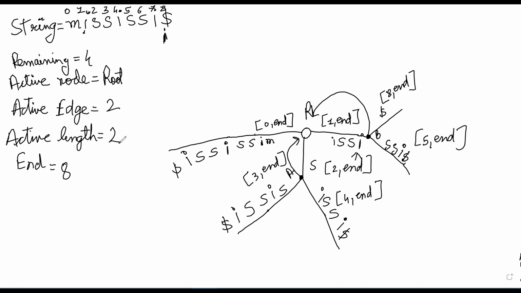So our active node is root. From root we have to move to the edge which has starting index 2, by length 2. So moving from root to the edge which has index 2, which is S, and by length 2, we move from here to here.